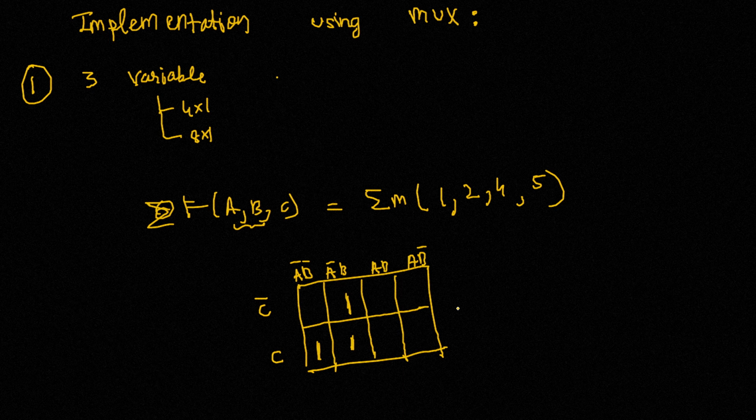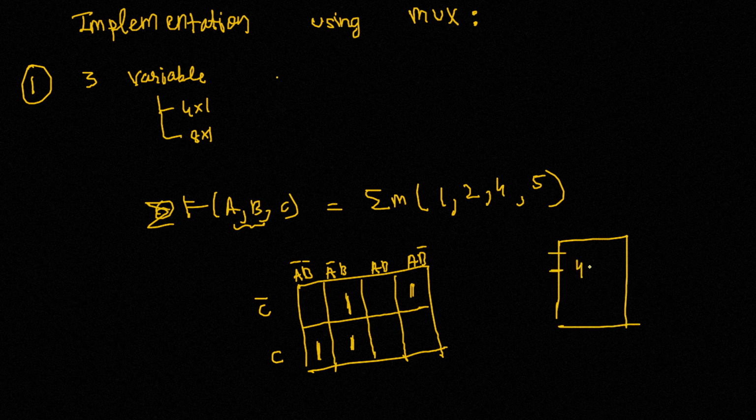We have 2 as well. Yeah, so what we actually do here is we don't group any of the elements in the K-map. We try to look for what is actually taken as the output for each term of A and B.